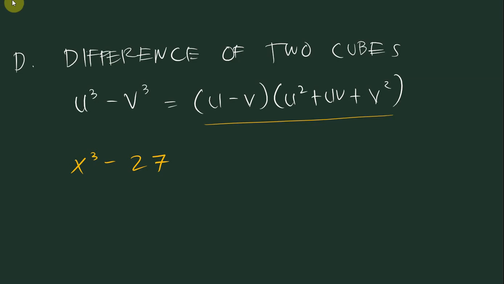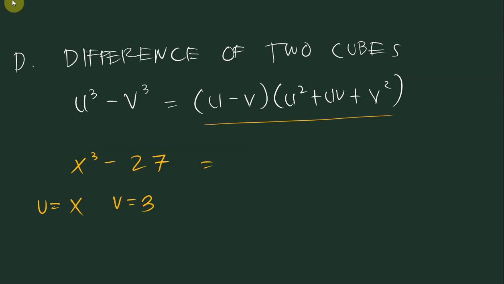What is our u here? The u here is x, right? Because this is u cubed. And then what is our v? What do you cube in order to get 27? That is 3, right? 3 cubed is 27. So our u is equal to x and our v is equal to 3.